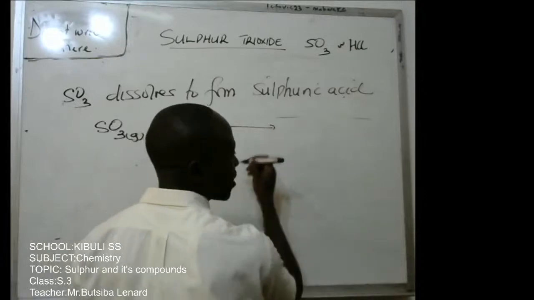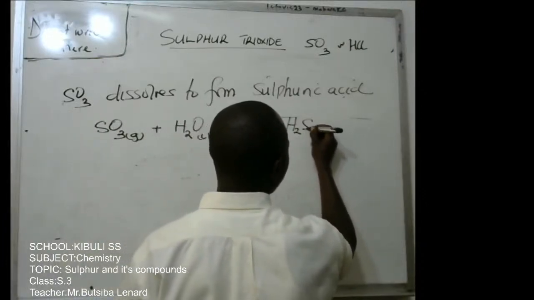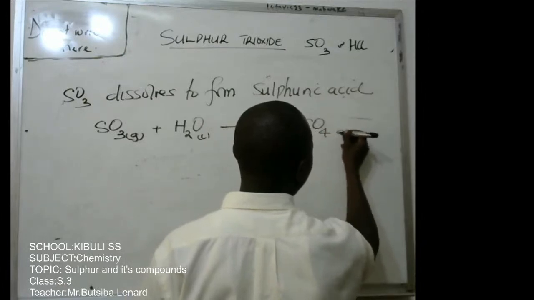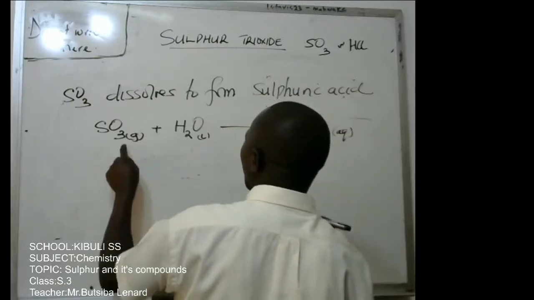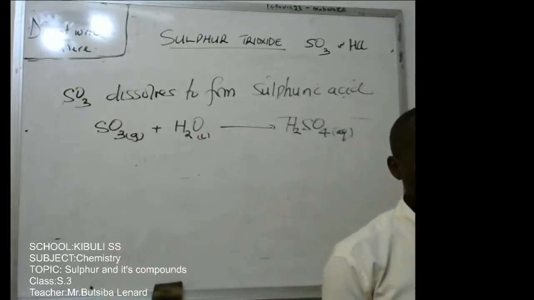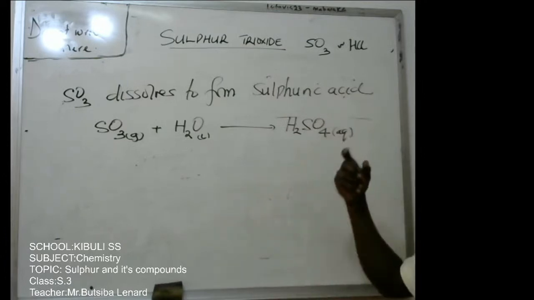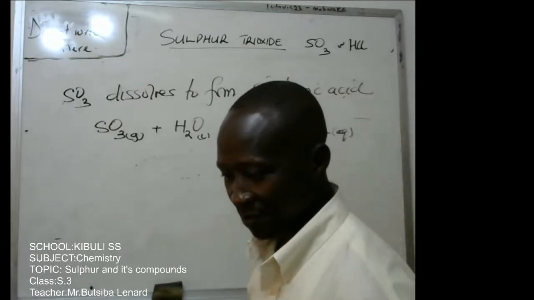This time what do you see? Have you seen there are 2 hydrogens? Sulfuric acid, the formula is H2SO4, aqueous. The other one gave us sulfurous acid as well. And therefore, we can also predict the uses of sulfur trioxide already. One of it, preparation of sulfuric acid.